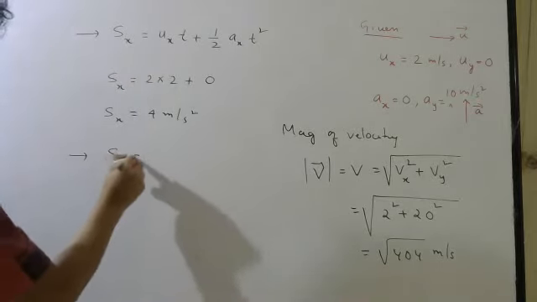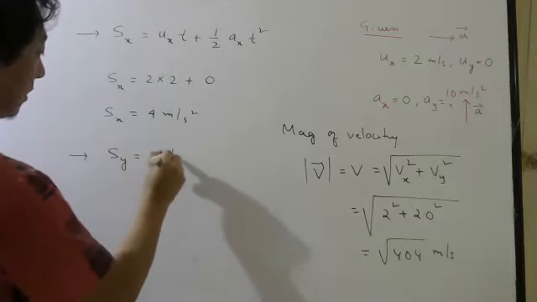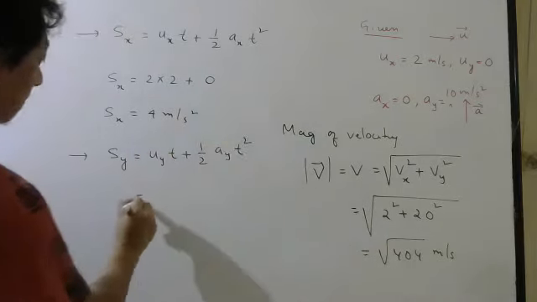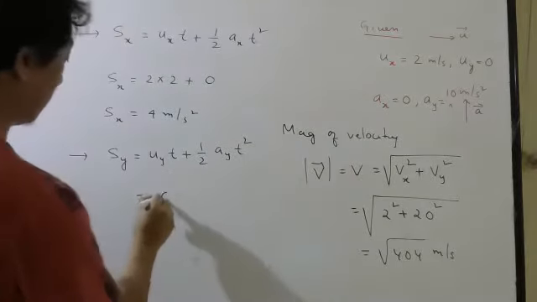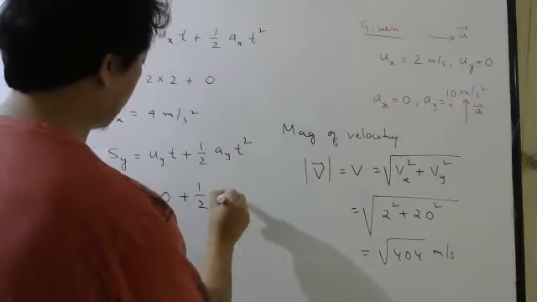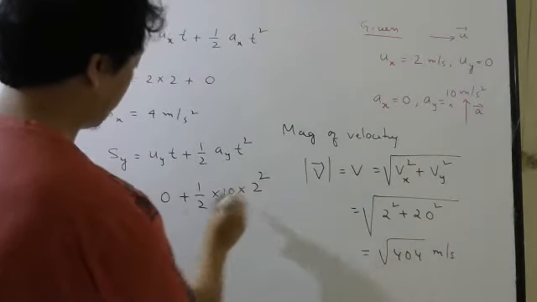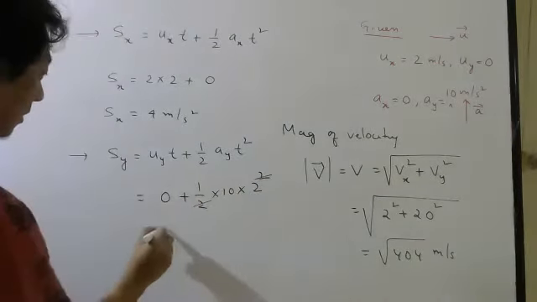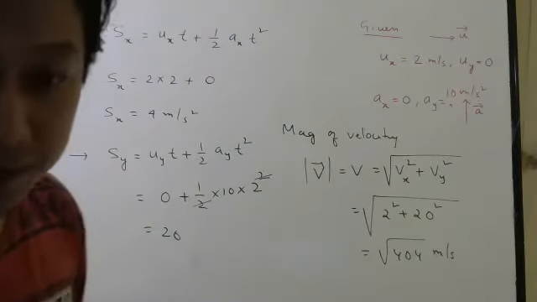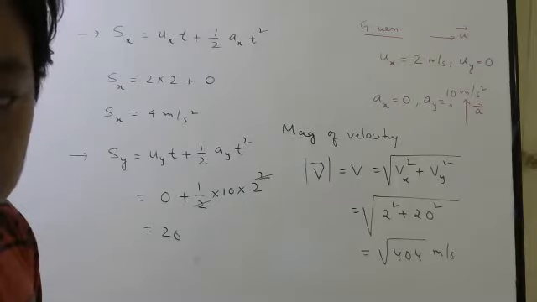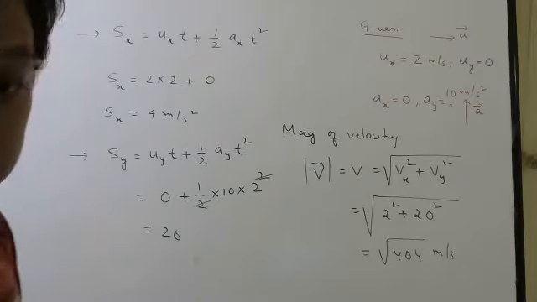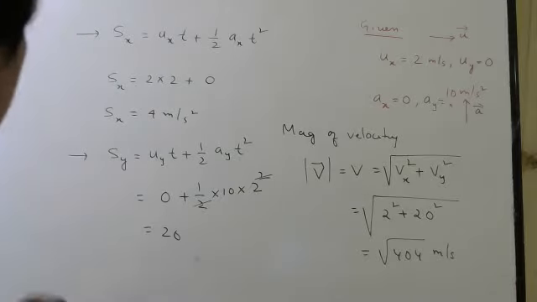Now find displacement along y-axis. Uyt plus half ay t square. Uy is 0. Along y-axis, acceleration is 10. Time taken is 2. Half and 2 will cancel, 20. Oh, same it is coming, no? No, sir. Why?